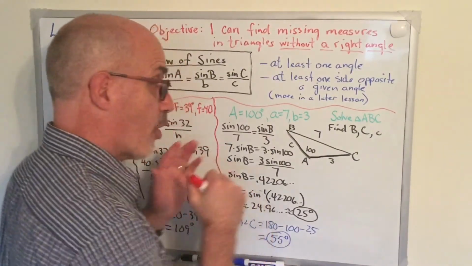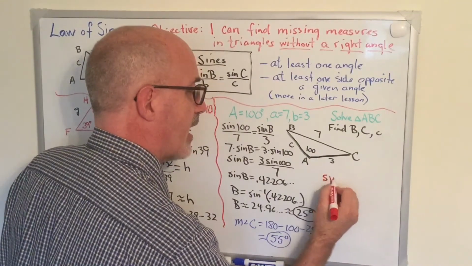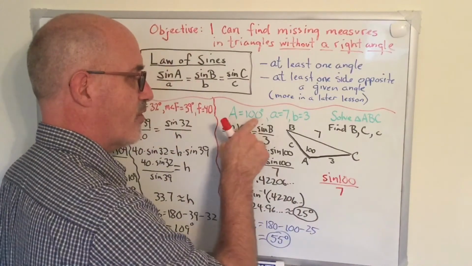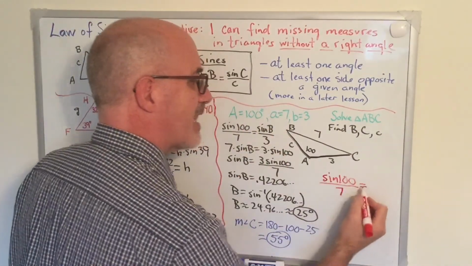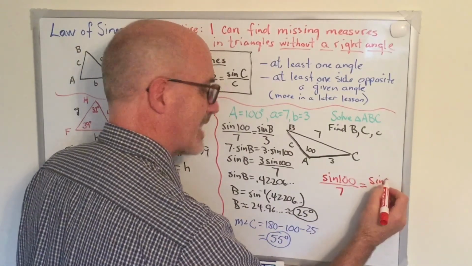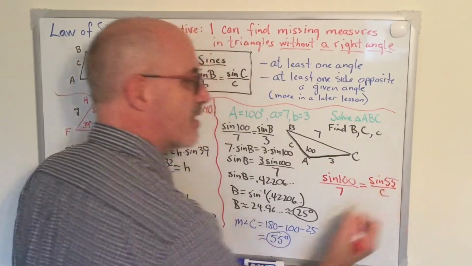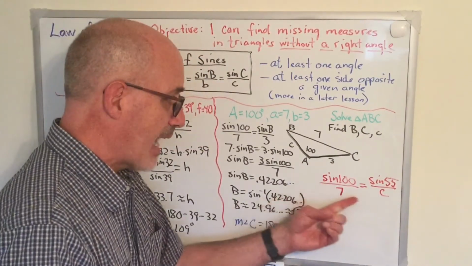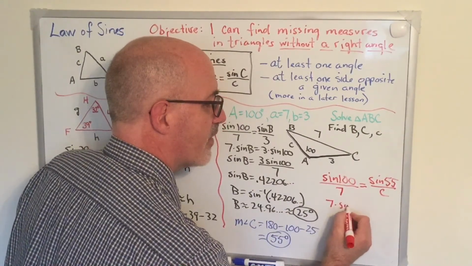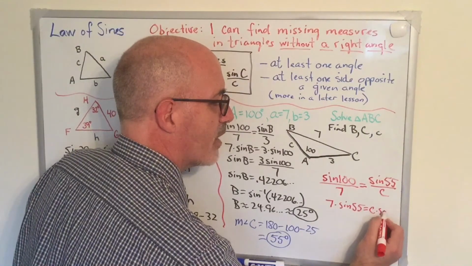Now we're going to go back to the original information we're given for the ratio. So we're going to do sine of 100 over the given 7. Those two values are given to us. I'm going to set that equal to sine of my angle C, and since I want to find side C, I'll use the angle C over little c, which is now an unknown. Now let's do our cross multiplication. So 7 times sine of 55 is equal to c times sine of 100.